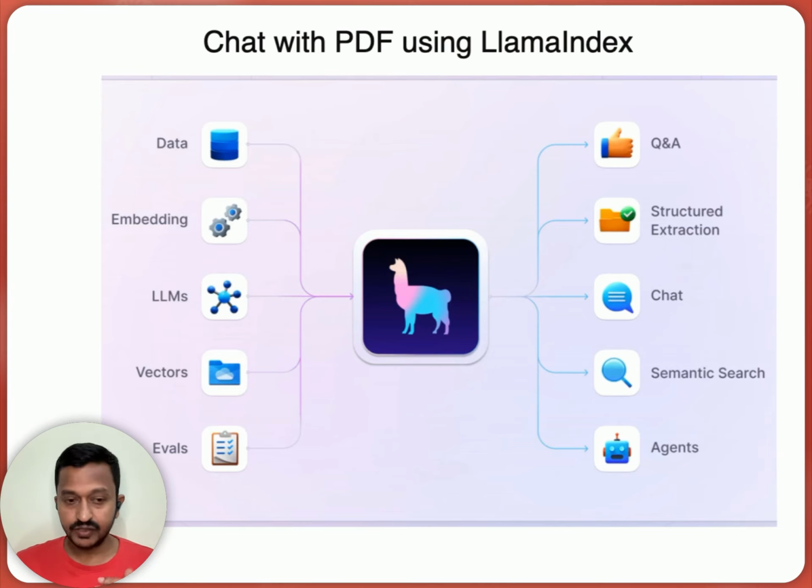So data connectors basically ingest data from various sources in different formats, structured and unstructured. Data indexes structure data in vector representation so that the LLMs can easily consume that data. Query engines are interfaces for question answering on your data. That's what we're going to see today.